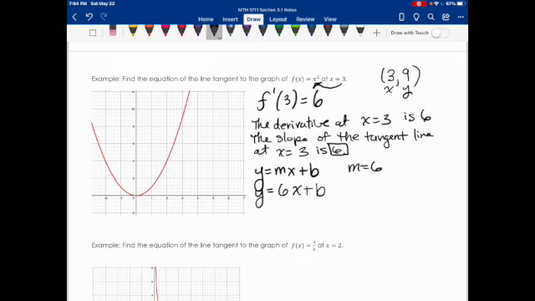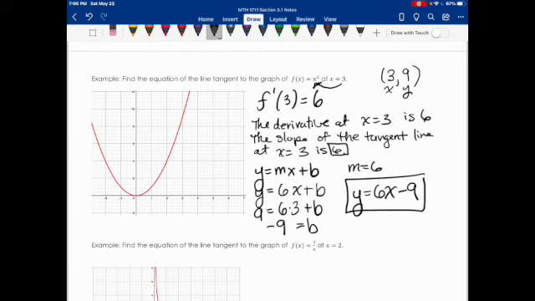So this is what I'm going to use for my x and y to find my value of B. I'm going to plug in 9 for y and 3 for x, and figure out what B is. So B is going to be 9 minus 18, which is negative 9. So the equation of the tangent line at x equals 3 is going to be y equals 6x minus 9.